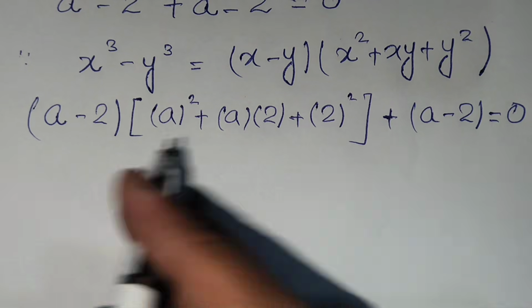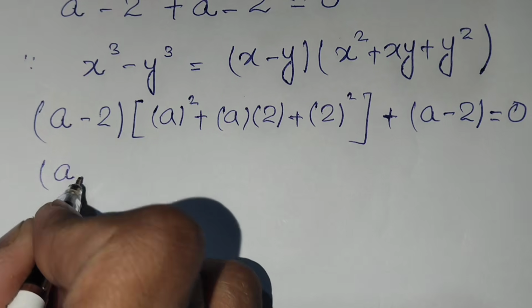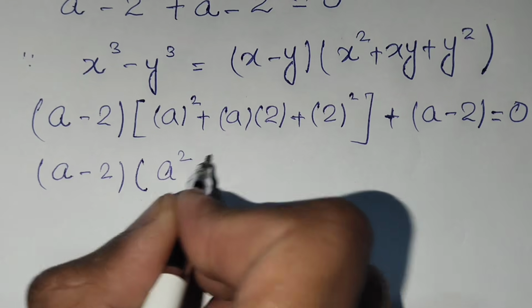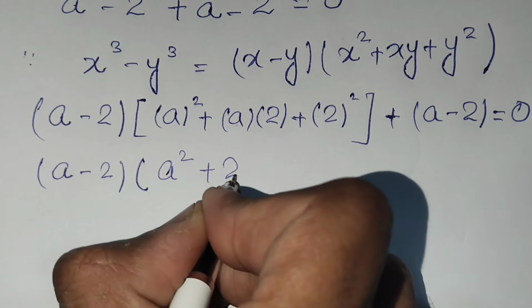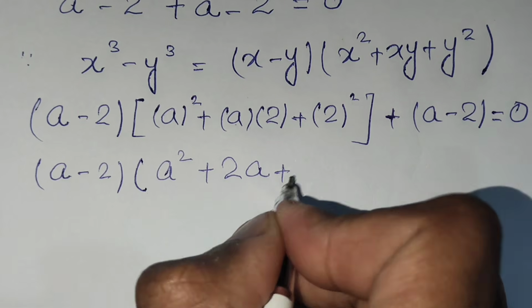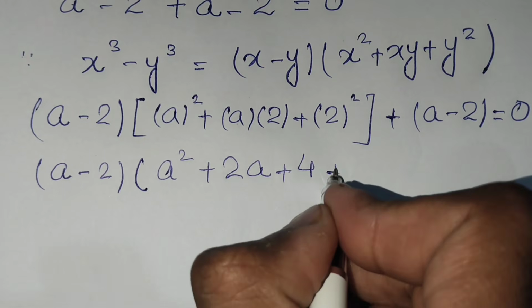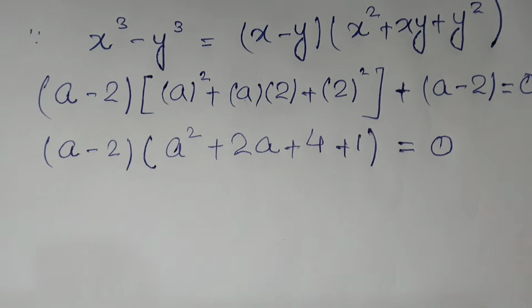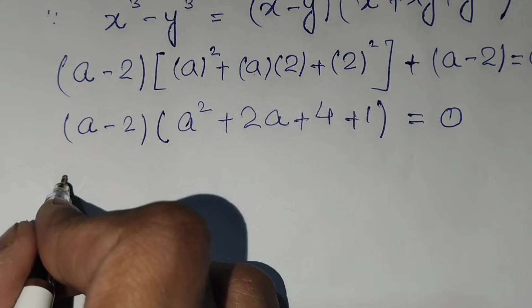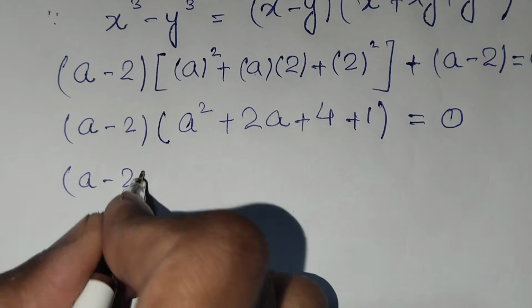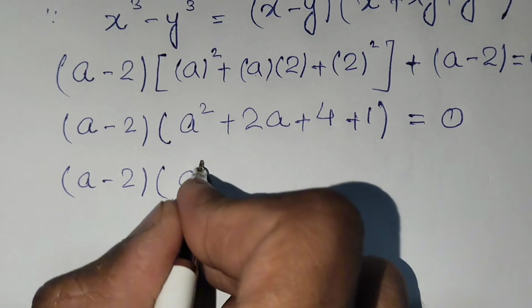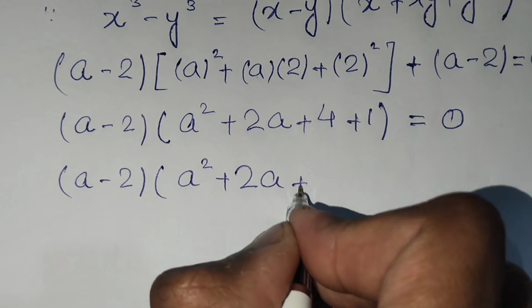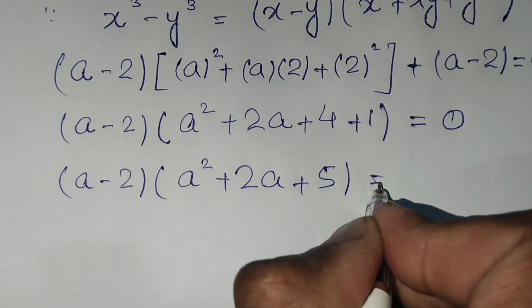Taking a minus 2 common, left with a square plus 2a plus 4 plus 1 is equal to 0. a minus 2, a square plus 2a plus 5 is equal to 0.